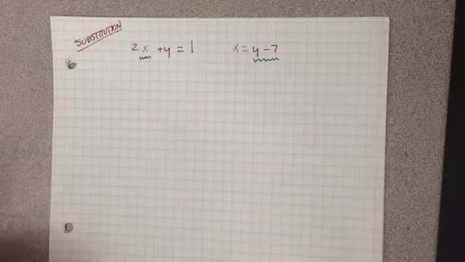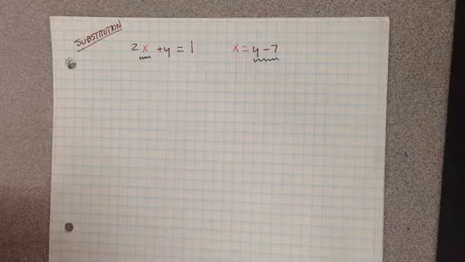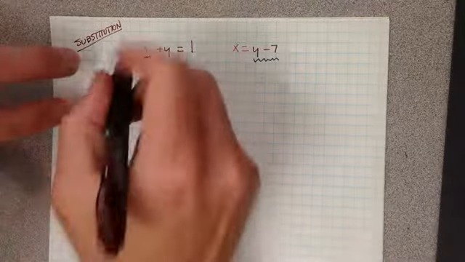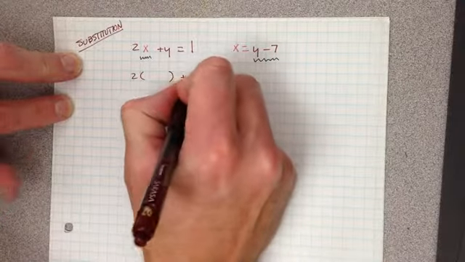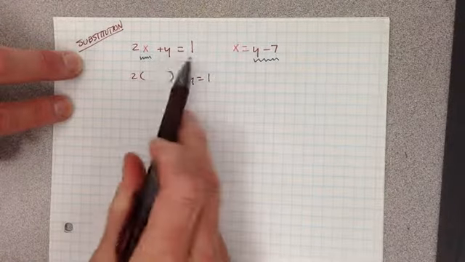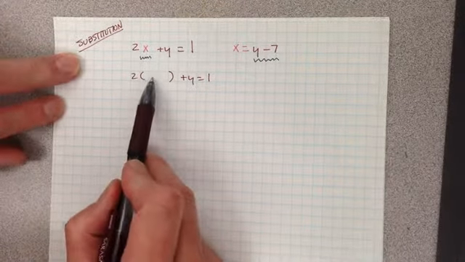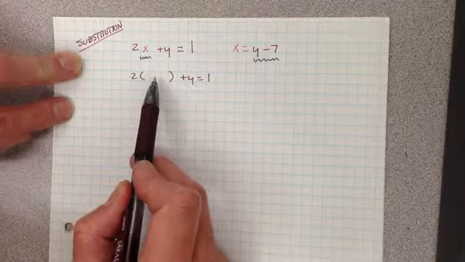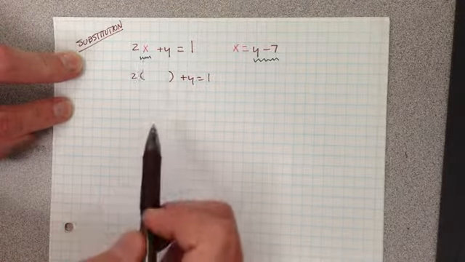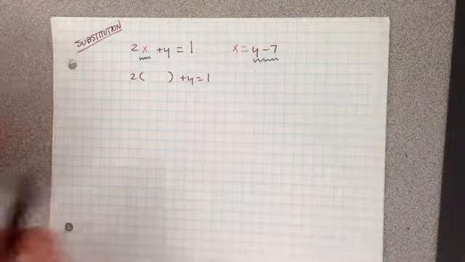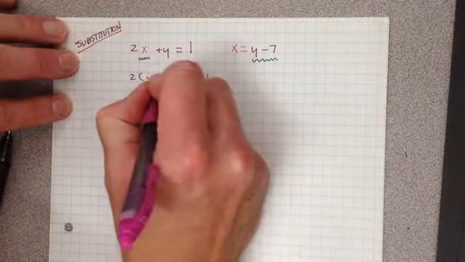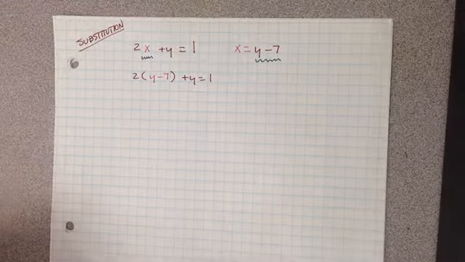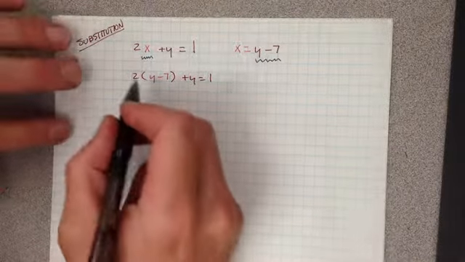So when I do that, here's what it looks like. 2x plus y equals 1. That's my original equation with a set of parentheses where my x is, to leave room to substitute. And what I am substituting in to this place is a y minus 7 value. What comes in? Y minus 7. Now once we clean it up, we have no more x and we should get an answer.